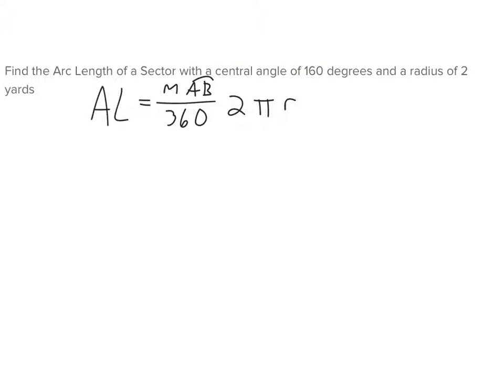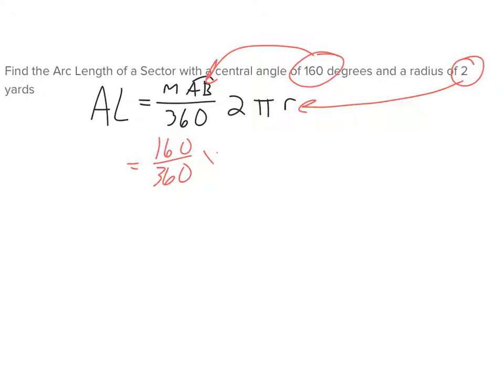Now we're given a central angle of 160 degrees and a radius of 2 yards. Again, our central angle goes in on the top of our fraction. Our radius goes in for r. So my formula is going to be 160 over 360 times 2 times 3.14 times 2.